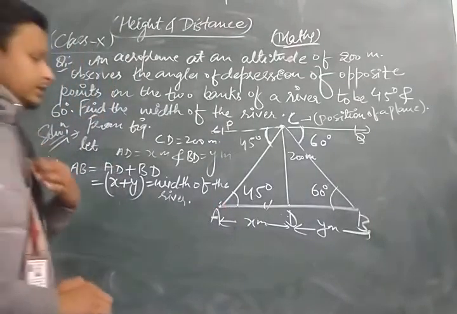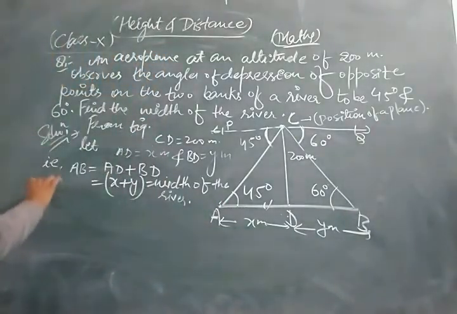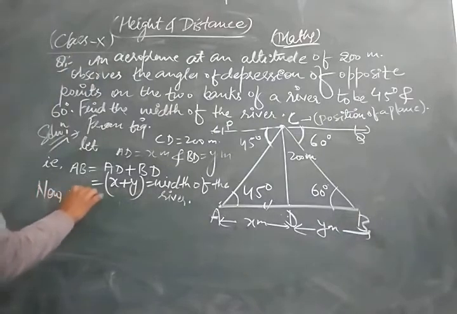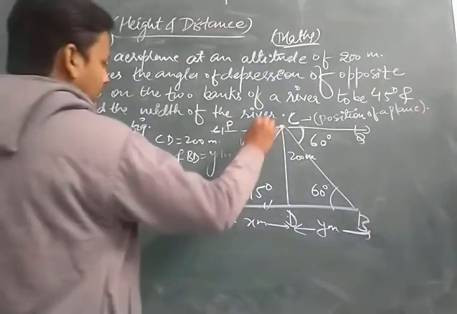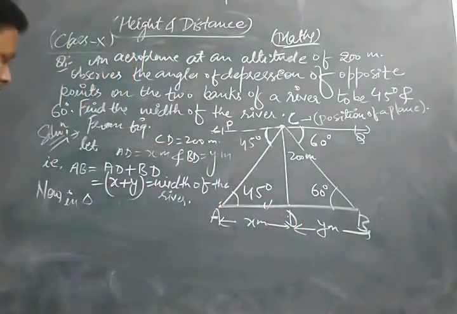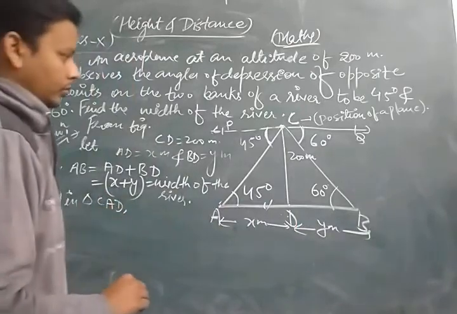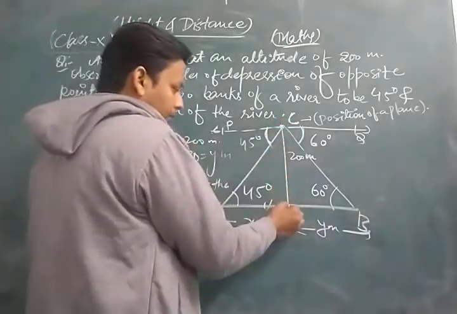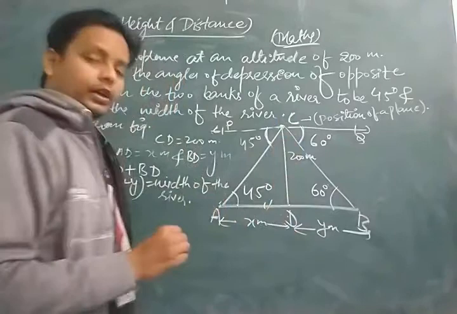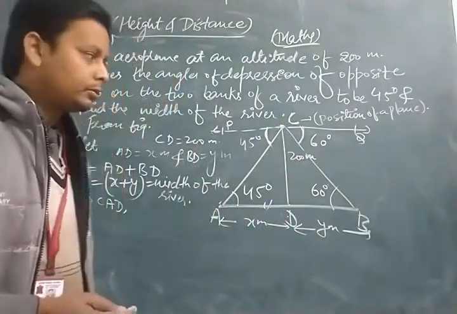Now dear friends, let's see. In triangle CAD, CD is the perpendicular and this is your base. So we apply the tangent rule, that is, tan theta is perpendicular upon base.